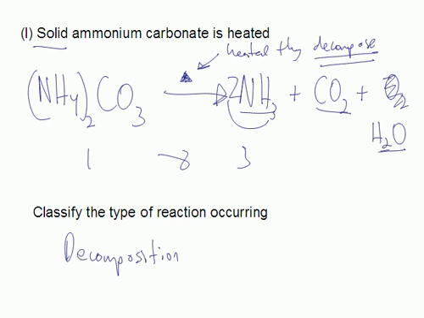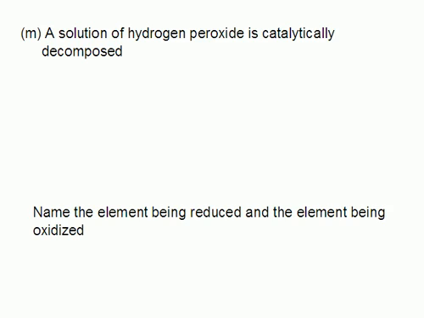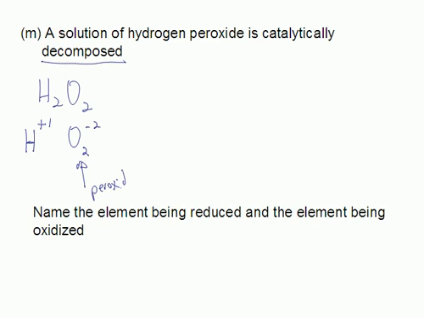Three very stable compounds. Next, a solution of hydrogen peroxide is catalytically decomposed. I'm going to do this one to talk about decomposition. Hydrogen peroxide is H2O2. That comes from hydrogen, which is plus 1 in charge, and O2 2 minus, and this is called peroxide. This is actually taped on the door of room 206. So that's the peroxide ion, so we get H2O2. It's decomposed, so it probably was heated.